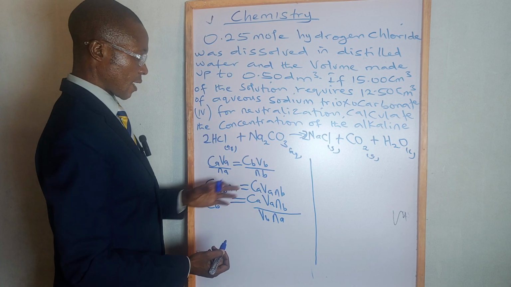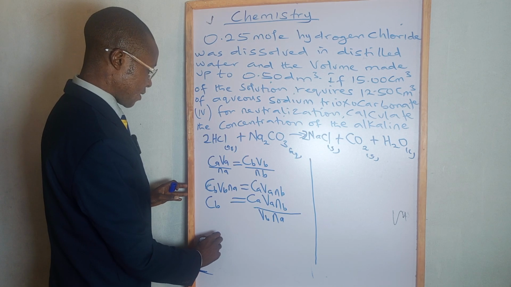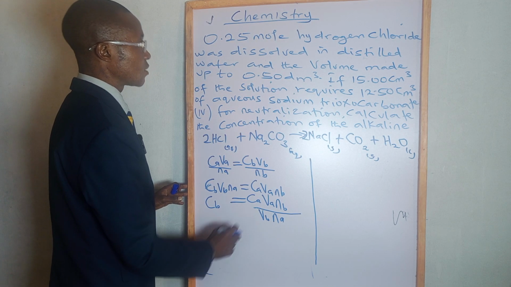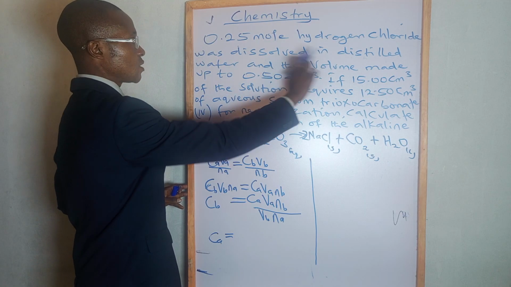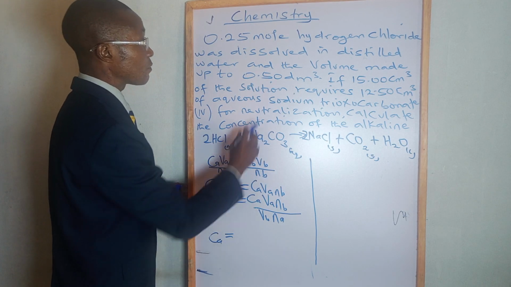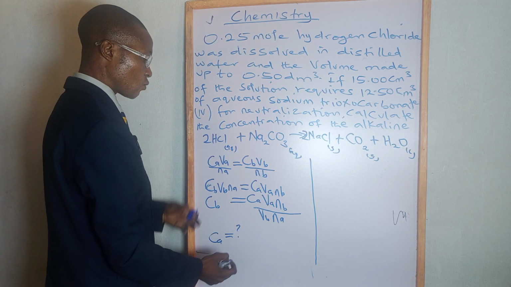Now I can start looking for each of these. I have my CA, that's the concentration of the acid. Coming back here, we have 0.25 mole of the acid dissolved in 0.50 dm³. So concentration is not given, but I can look for it.